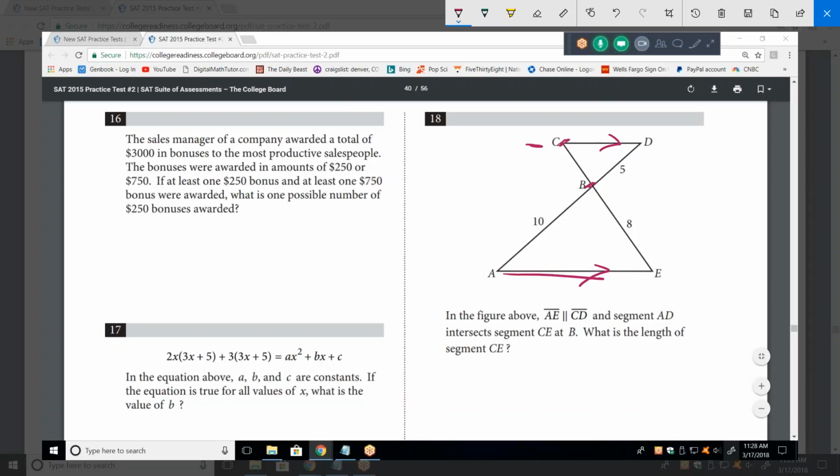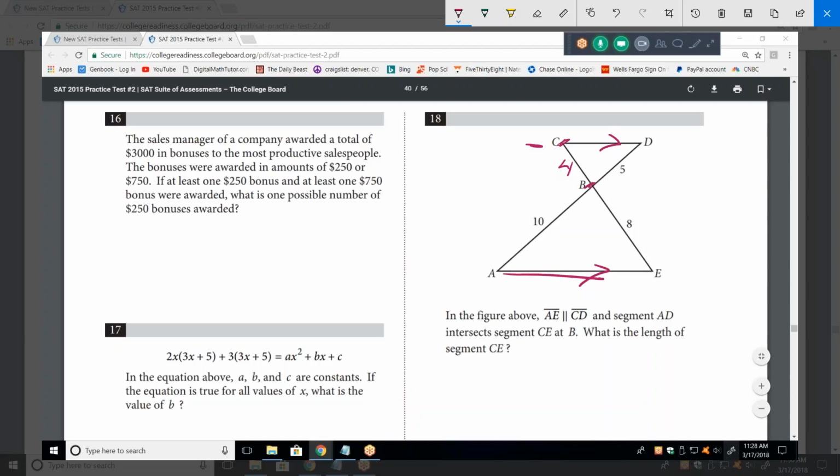So what's CB? 5. 5's not 1 to 2 with 8. Oh. Which one? It's 4.